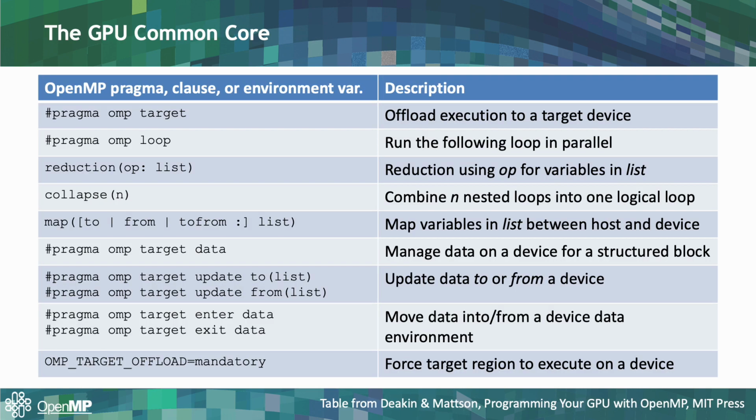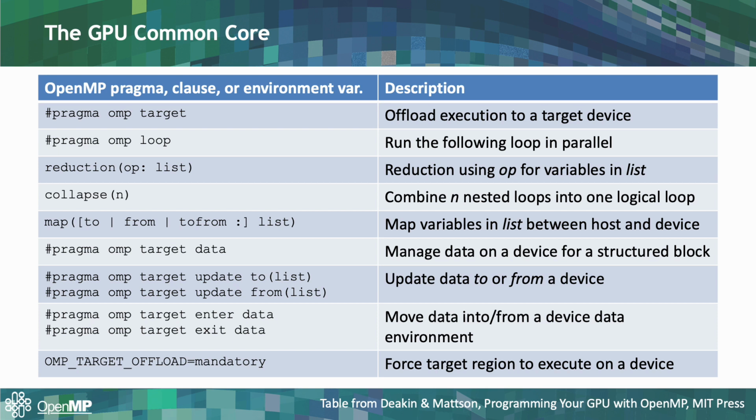So here we are. This is the GPU Common Core that Tim Mattson and I came up with as we were writing our book, Programming Your GPU with OpenMP. It's just this very short list of directives, clauses, and one environment variable from the OpenMP 5.2 specification that you need to program many applications on the GPU.